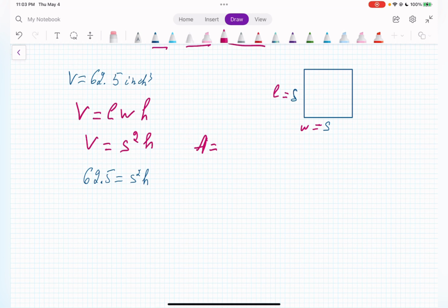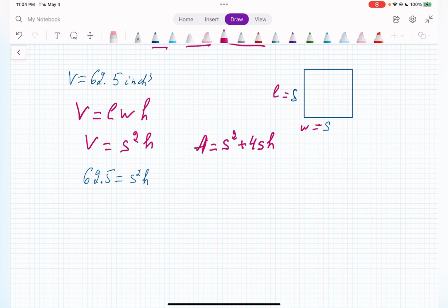But because we have L and W equal S, so we put S squared instead of L times W, right? S squared plus 4SH. So side times height.